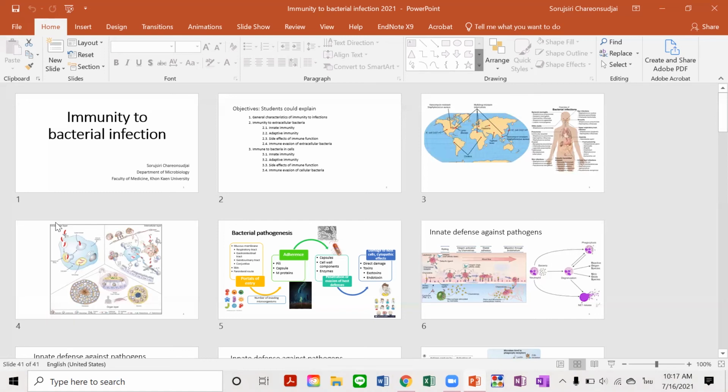And another thing is about cytokine storm. How can we know if a person who got infected has a cytokine storm? Normally, when the doctor takes care of patients, cytokine storm is the situation that doctors don't want to occur.